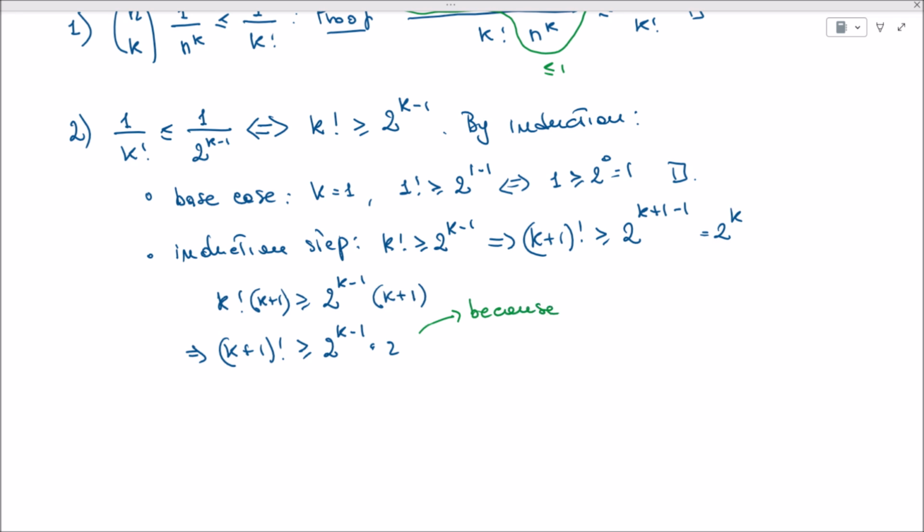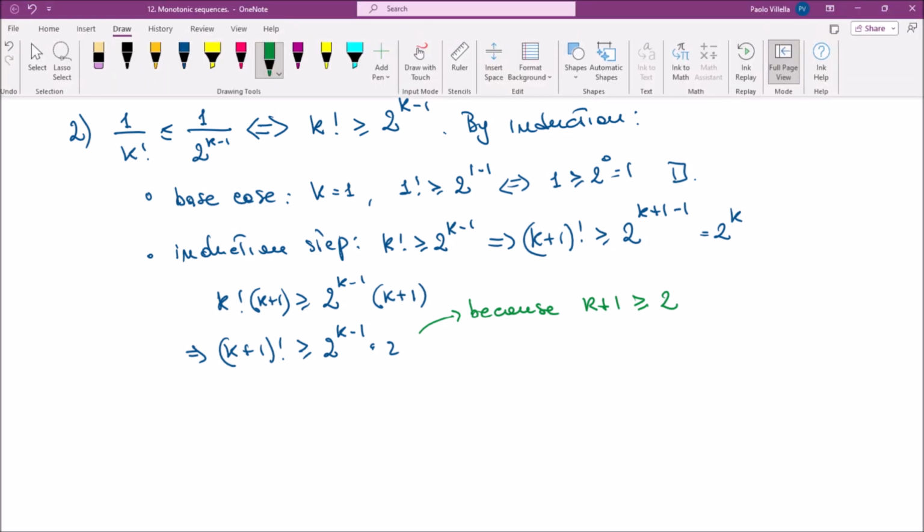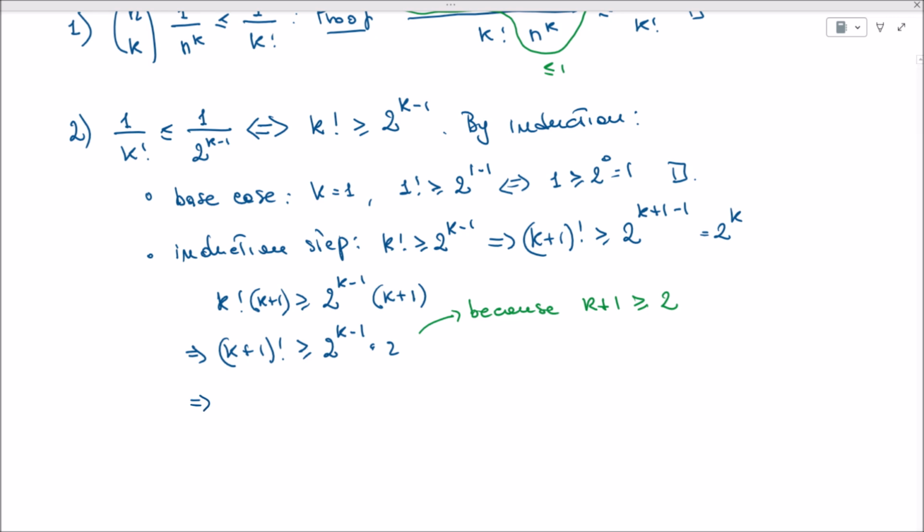Because we say that k plus 1 is larger than or equal to 2. In fact, k takes value more than 1, so k plus 1 is larger than or equal to 2. Therefore, we can just replace it on the right hand side with 2. But this is nothing else than k plus 1 factorial larger than or equal to 2 to the k, which is exactly what we were looking for.